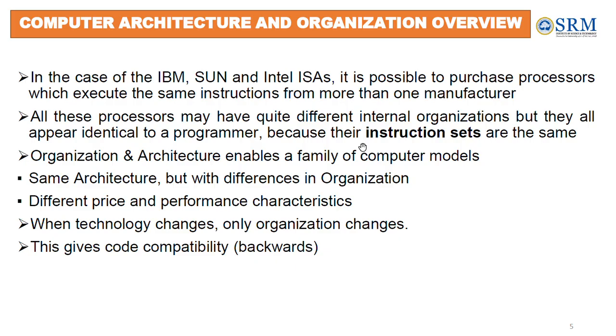So organization and architecture enable a family of computer models: same architecture but different organization, with different performance characteristics, because if your organization changes, your overall performance also changes. Furthermore, if the technology changes, the organization will definitely change, because what you can encompass in the processor chip is based upon the fabrication technology.